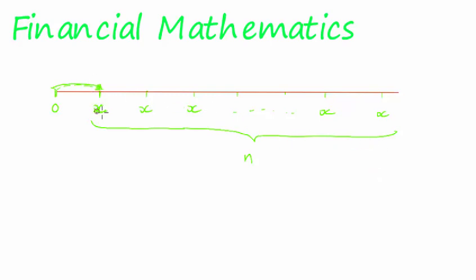Now what happens is when I get to my bank account in 1 month's time, how much is there when I get there? Nothing. So I put in an X. So at this time period I've got X in the bank account. When I get there a month later, how much do I find in the bank?